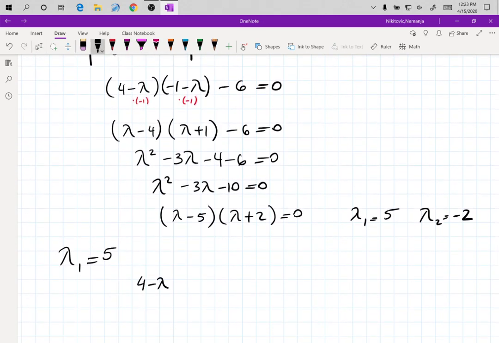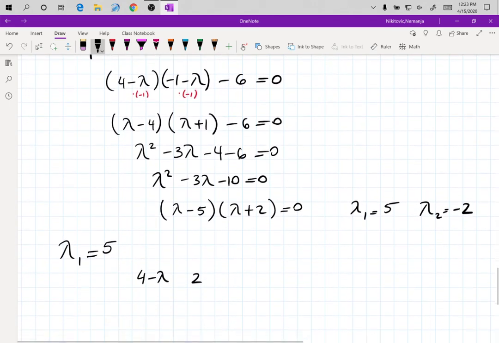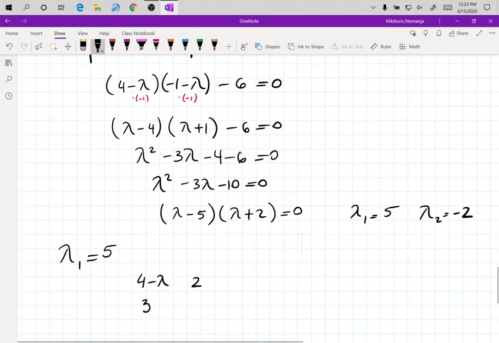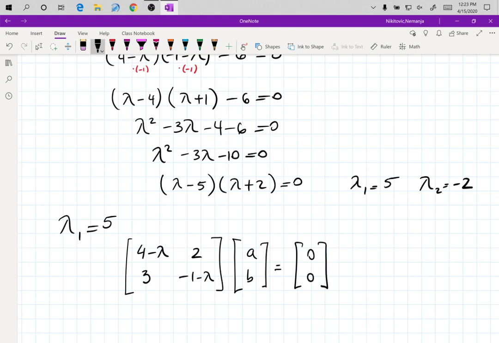4 minus lambda, and then 2, and then 3, and then negative 1 minus lambda, and that needs to be multiplied by this column vector. They use A and B in the book, that's fine, and that needs to give us 0, 0.